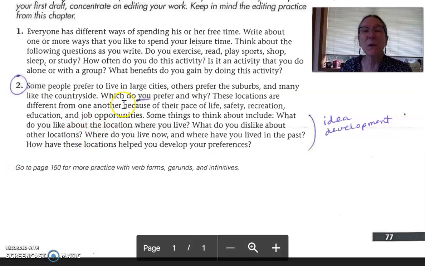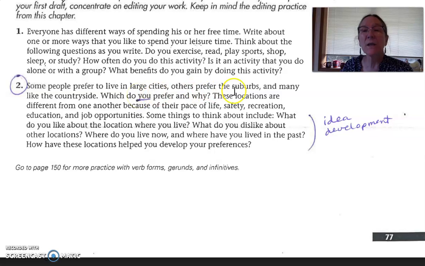So let's see, which one would you want to write about? City, suburb, countryside? You want to write about cities? Okay, we'll choose cities. And we want to write about pace of life, safety, recreation, education, job opportunities. Maybe job opportunities or restaurants.